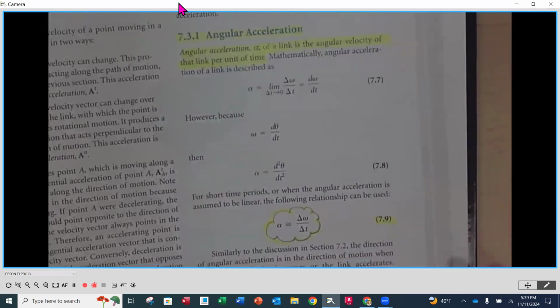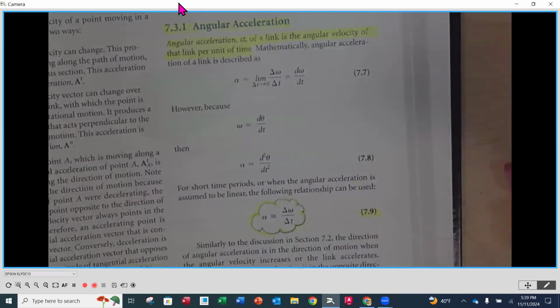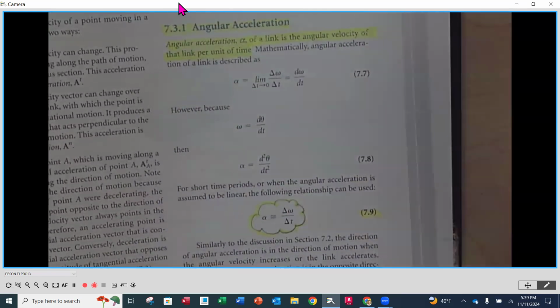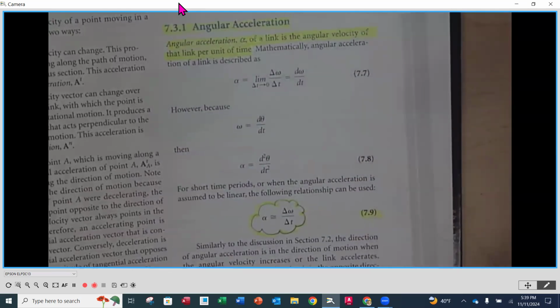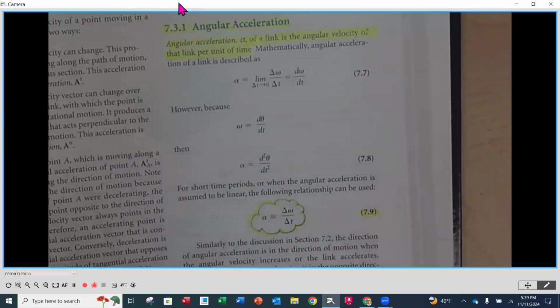Now, we had angular velocity. Angular velocity was when we were looking at a link rotating about a fixed center, and that entire link had a rotational velocity in terms of either revolutions per minute or radians per second. What that told us was how fast the link was rotating, and every point on that link had the very same angular velocity.